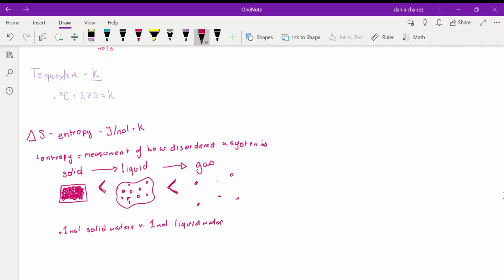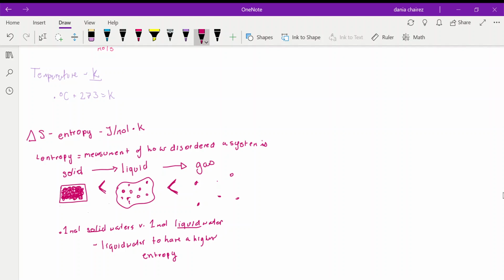Which system would we expect to have the higher entropy? Well, liquid water is more disordered than a solid, so we would expect the liquid water to have a higher entropy.